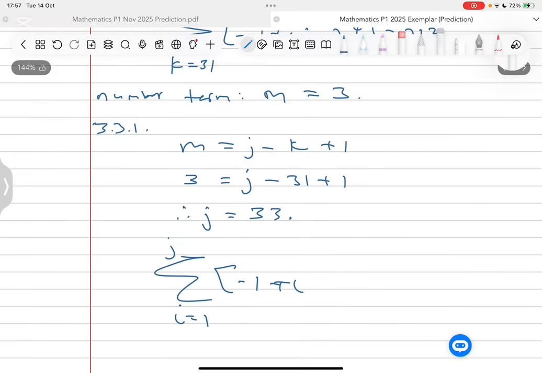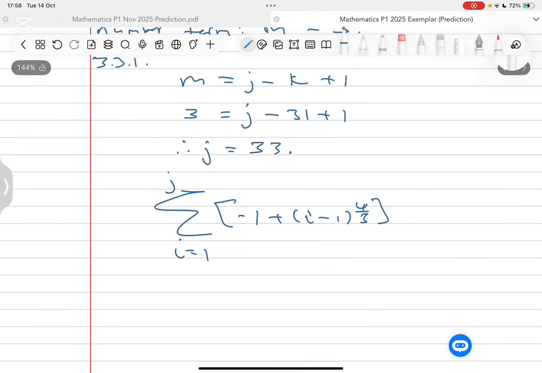So if I were to look at the number of terms for the whole series, I'll then say the number of terms n is going to be equal to j minus i. So I'm saying the number of terms for the whole series is going to be the upper bound minus the lower bound plus 1.